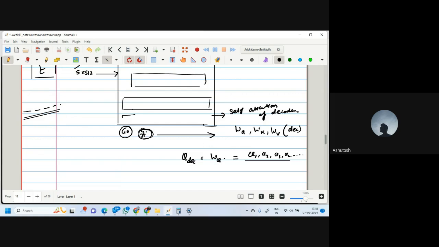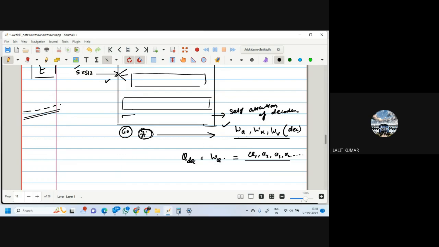So WQ is multiplied by what? The encoded words, is it? No, it is not getting multiplied by this. Here these W's are different. Okay, it's a different set of matrices. Yes. WQ, WK, WV are matrices here, and these are different from the encoder's.